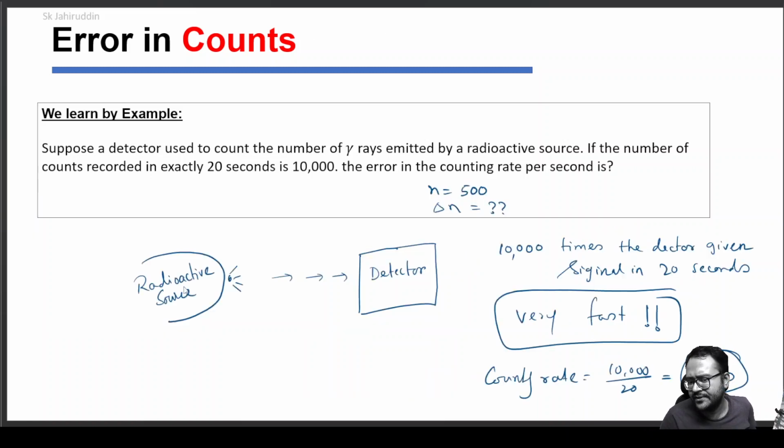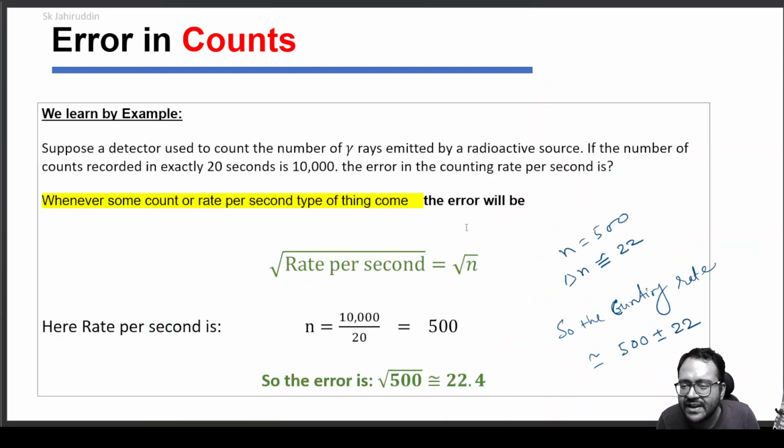We have a radioactive source and detector, tick tock, 10,000 times. We report it in 20 seconds. So on an average per second, we get 500 counts. But with how much error is it? How much expected error? That is square root of 500. Remember it.